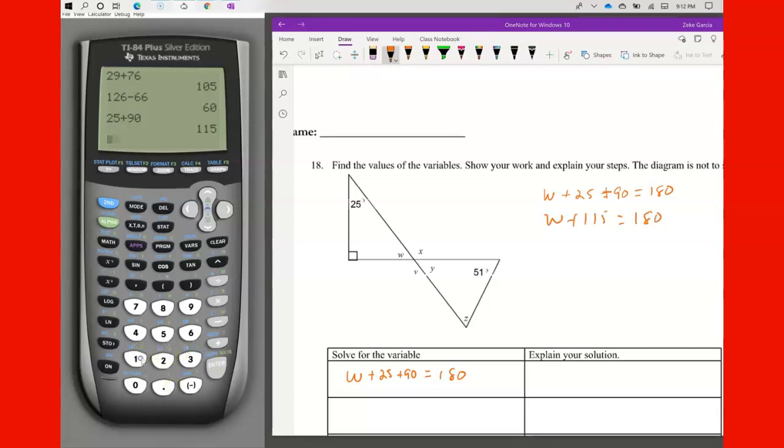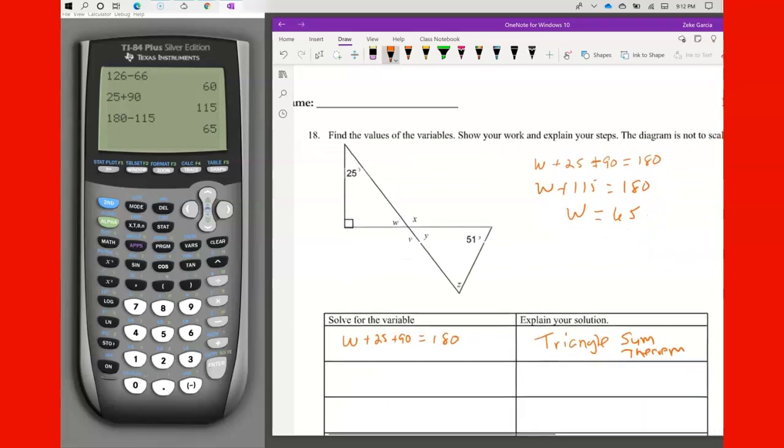So what do we do with 180? We have 180 minus 115, which gives you the value of W, angle W is 65. And explain your solution. It's the triangle sum theorem, right?